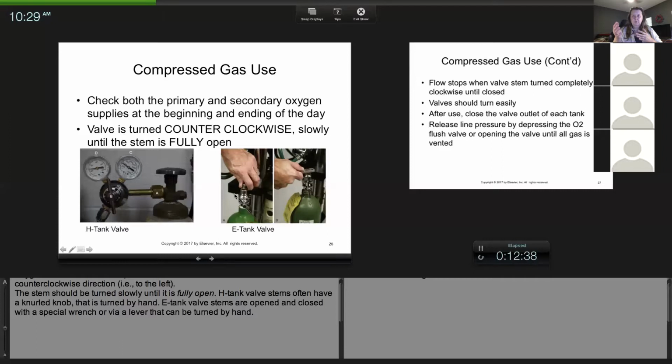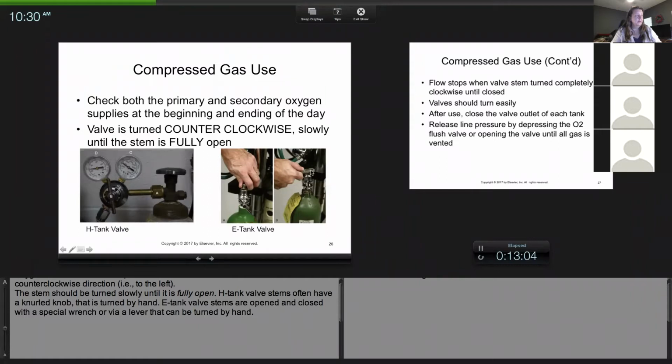You definitely want to make sure that you turn it counterclockwise, which is to the left, and turn it three or four times till it's open. As soon as you turn it a half turn, you'll hear a blast of oxygen come in. You want to open it a couple more times, and then check your tank gauge to see if you have oxygen.